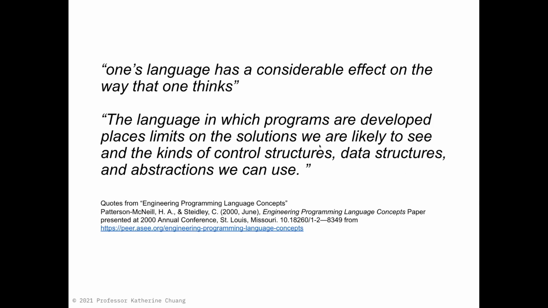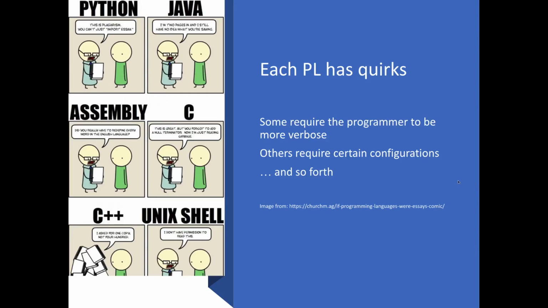Some more quotes from him. And then just a funny meme on the side there that gives a sense of how each programming language has its quirks. You might see more memes out there, and I think I have a few more towards the end of the slide deck.